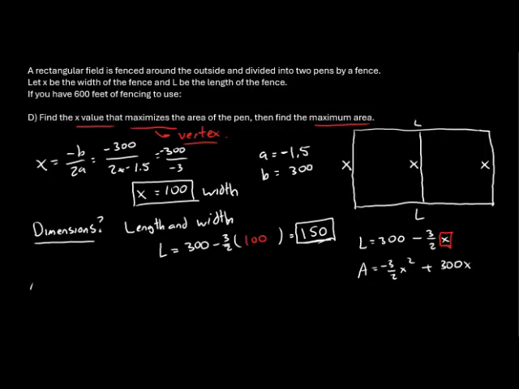We can also find the maximum area. This is still based on the fact that x is 100. We know area is equal to negative 3 halves x squared plus 300x. But we'll let all of these x's become 100. Therefore, our area is now negative 3 halves times 100 squared plus 300 times 100.